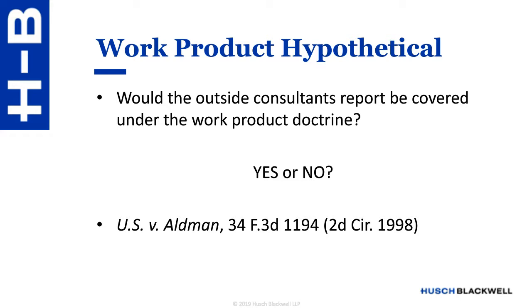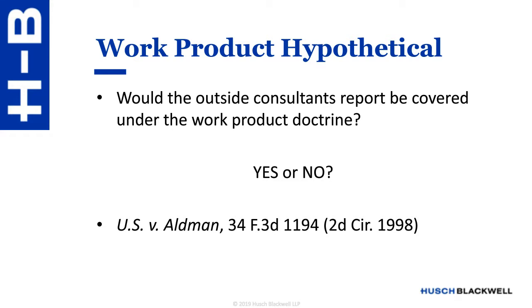In discovery, the IRS tried to obtain the report, and the Second Circuit held that it did fall under work product protection. That, quote, a document created because of anticipated litigation, which tends to reveal mental impressions, conclusions, opinions, or theories, does not lose work product protection merely because it is intended to assist in the making of a business decision influenced by the likely outcome of the anticipated litigation.